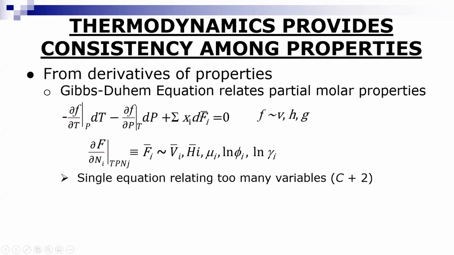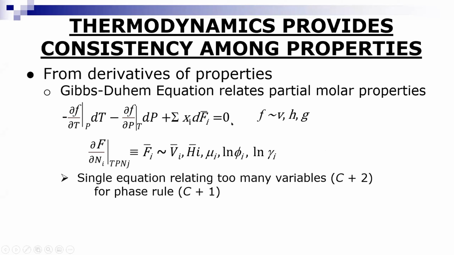There's one for each of the components, and then there's temperature and pressure. Well, the phase rule says you can only have C plus 1. So there has to be a relationship amongst these variables, and that relationship is the Gibbs-Duhem equation.